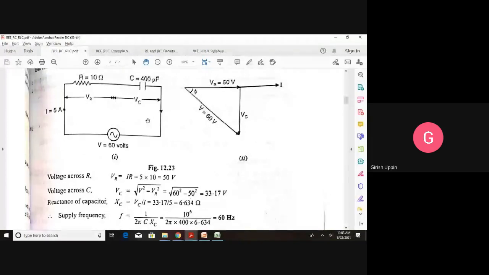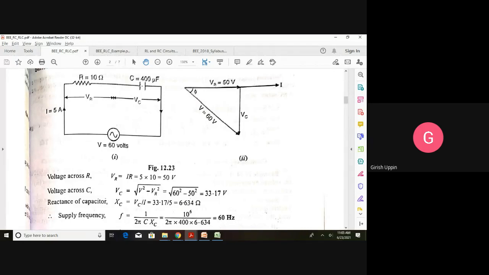Once we know the voltage across the capacitance, VC is equal to I into Xc. The biggest common mistake I have seen by many students is that they will say VC is equal to I into C. Instead of Xc, it is not the C. Similarly, in case of inductors, VL is equal to I into L, which is wrong. It is VL is equal to I into XL.